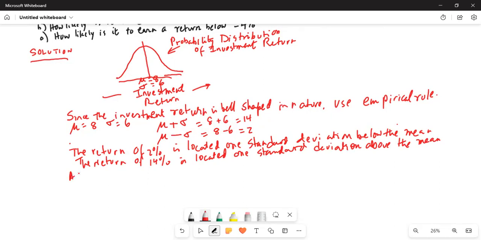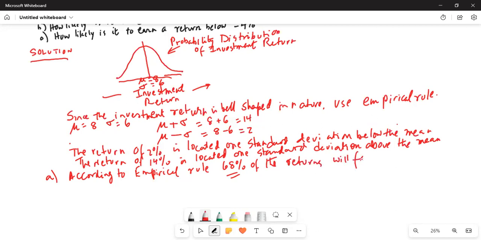So according to the empirical rule, 68% of the returns, this is your answer to part A, will fall between 2 and 14%.